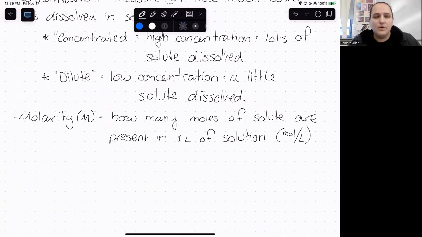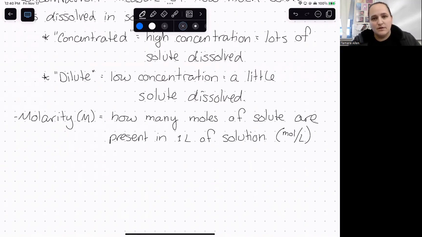So what molarity gives us is essentially a moles to volume ratio for a particular solution, that if we have a whole liter of it, this is how many moles of solute are present in that solution. If we have less or more than a liter, we can scale up or scale down proportionally to figure out how many moles of the solute we're actually dealing with.